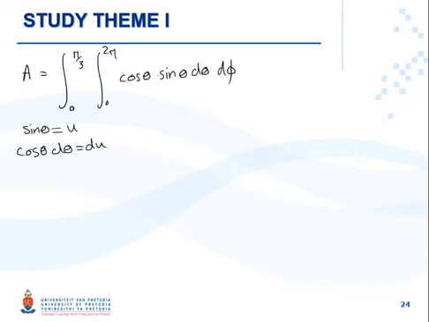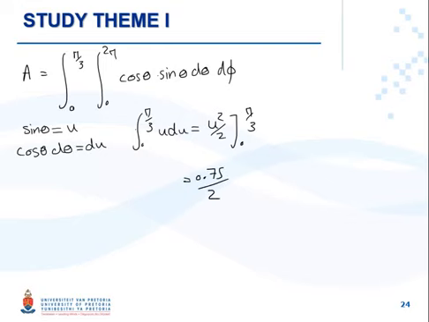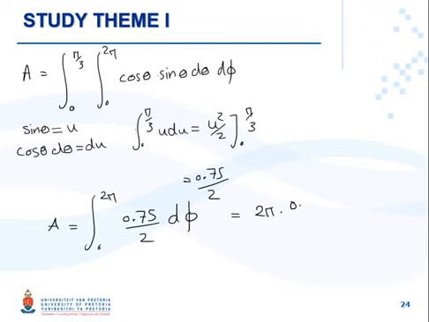So basically it will be the integral between 0 to pi/3 of u du, which is 0.75 divided by 2, and finally A will be the integral from 0 to 2 pi of 0.75/2 d phi, which will be 2 pi times 0.75 divided by 2, which is 0.75 pi. So this is A.